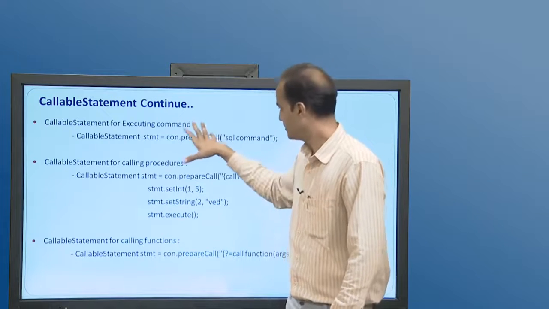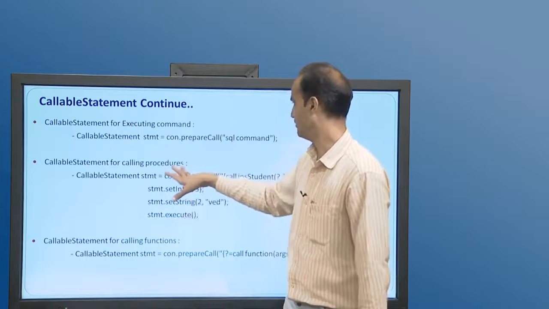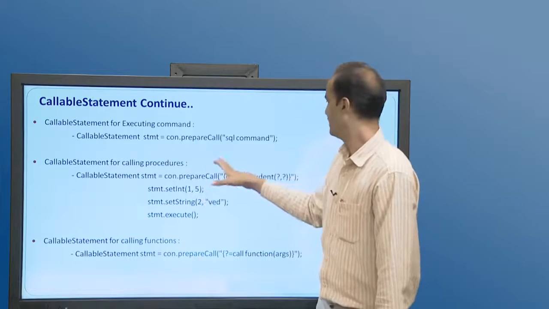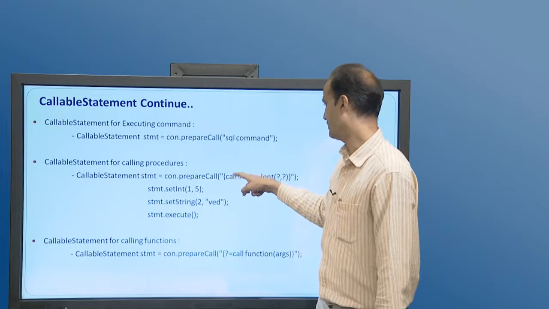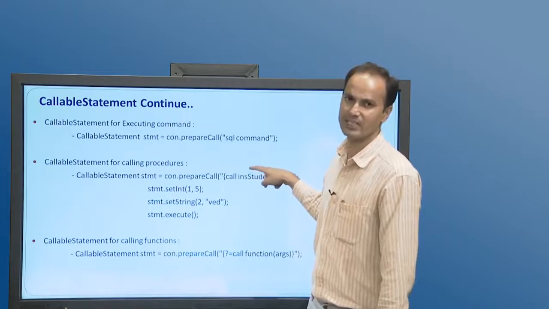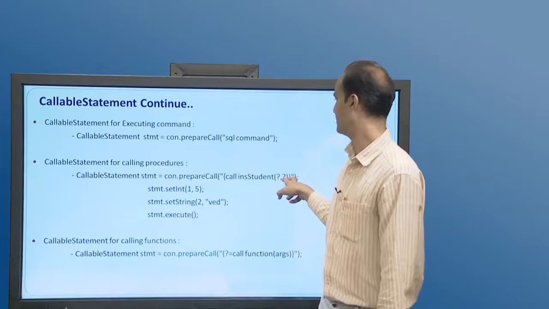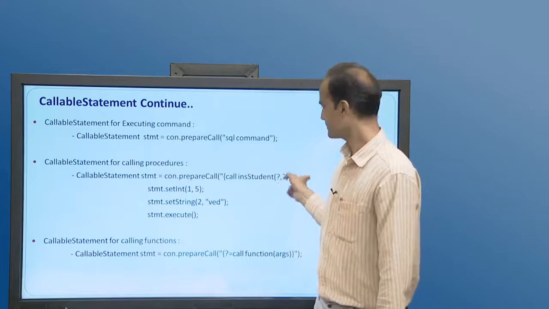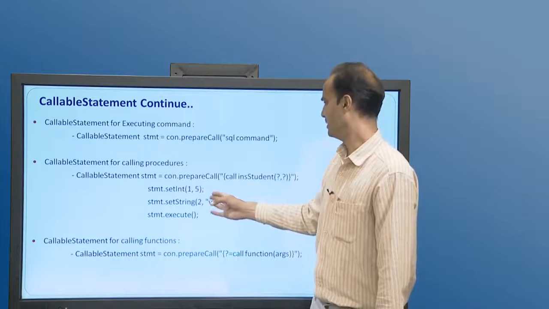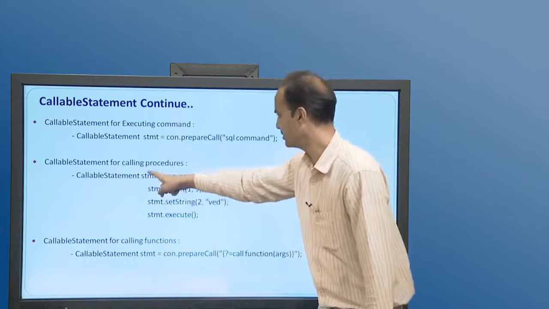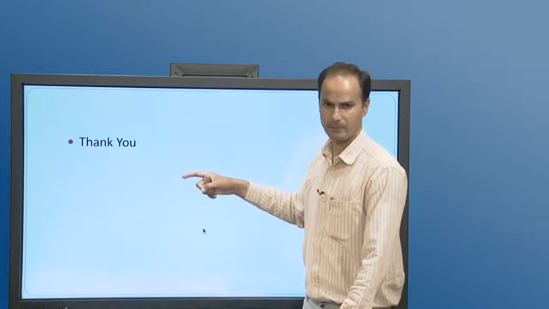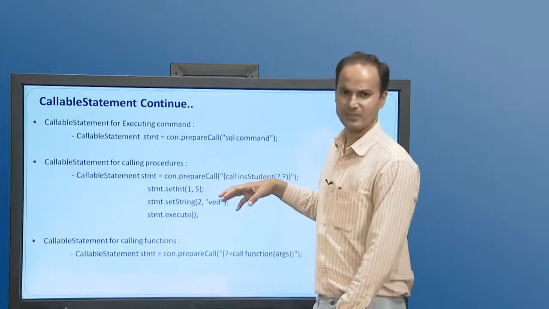For a stored procedure, we use the same syntax, connection.prepareCall, and write in curly brackets call, then the procedure name that we have created in the database, and then we pass the arguments, one argument, second argument, as we did in prepared statement. Then we execute this statement with the execute method, so the parameters passed will be executed efficiently.